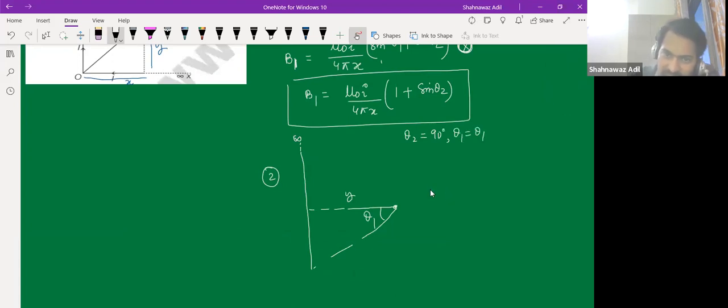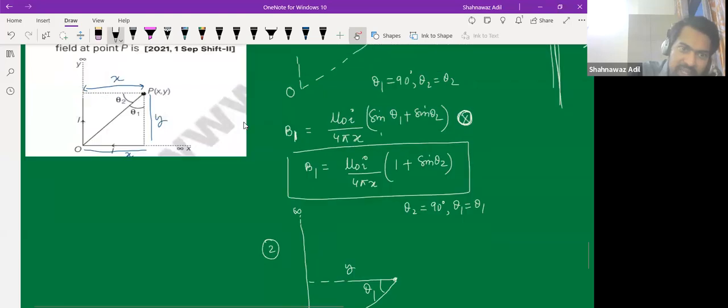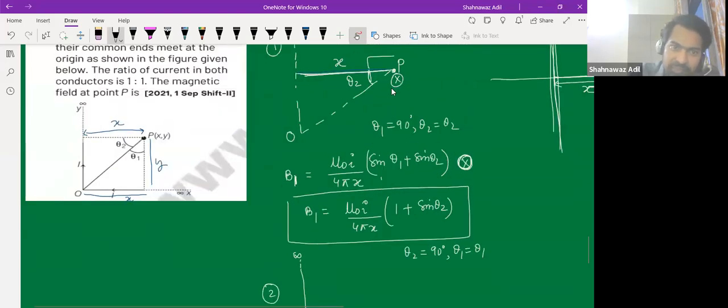So if I again apply this, the current is flowing like this. If I put my thumb in this direction and curl my fingers, what is the direction again?